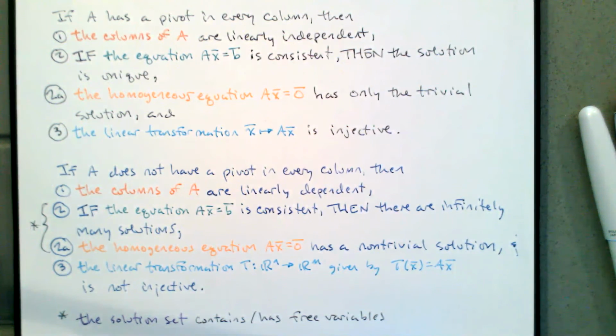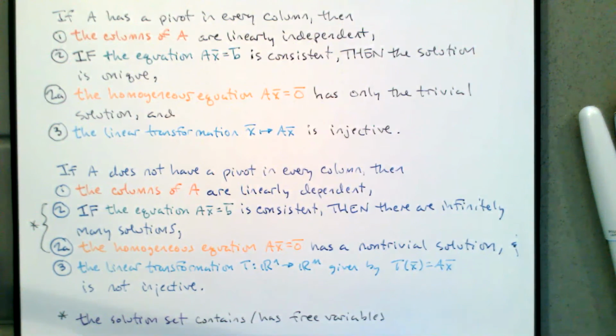If A, the matrix, has a pivot in every column, then the columns of A are linearly independent. If A, the matrix, has a pivot in every column, then if the equation Ax equals B is consistent, then the solution is unique. Notice that we can't say that the equation has unique solutions.